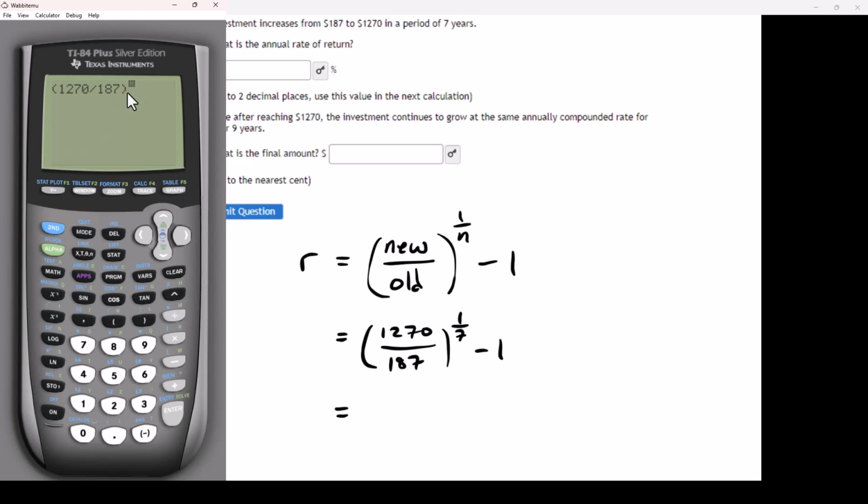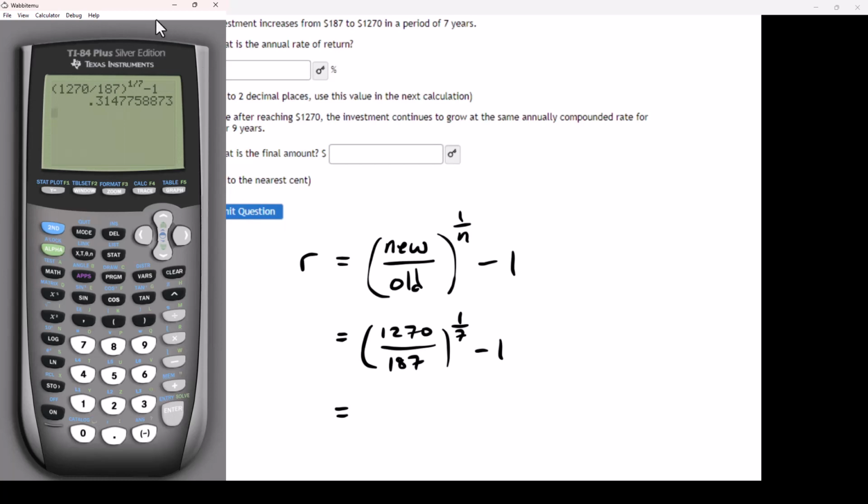But if you don't have that, make sure that you use parentheses to make sure that the 1/7 is the exponent, and you don't do something like divide to the power 1 and then all divide by 7. So you have to make sure that the 1 over 7 is actually in the exponent, might require parentheses. So it's already in the exponent position, so I can just type 1 divided by 7, and then the minus 1, and I get something here roughly.